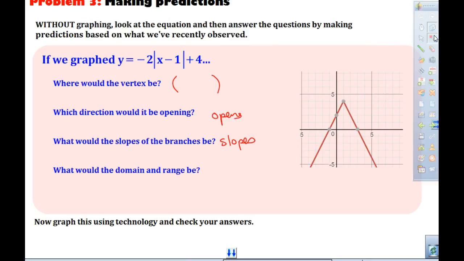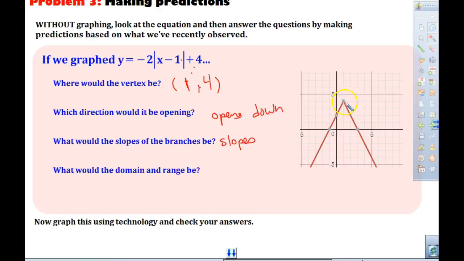So our vertex should have been at +1, +4, which if you look at that one, you can see 0, 0 up there. We have +1, +4. Did it open the direction you thought? We should have predicted because of the negative out in front that it should have gone down.